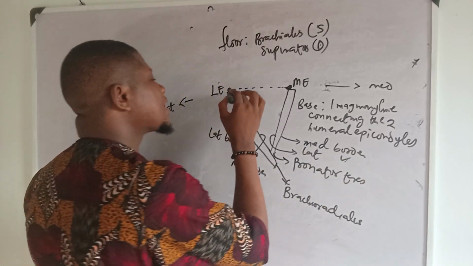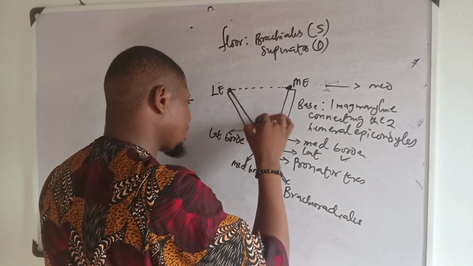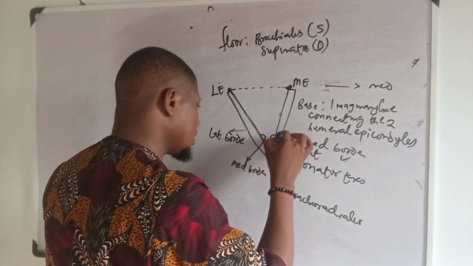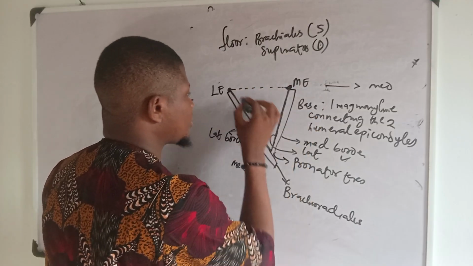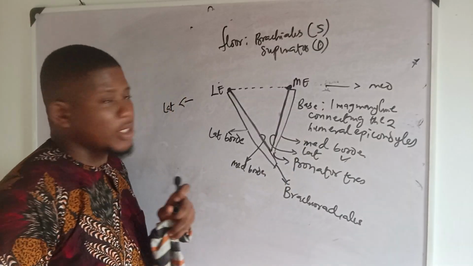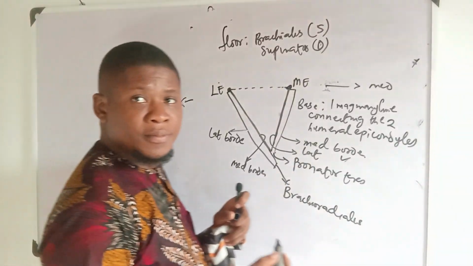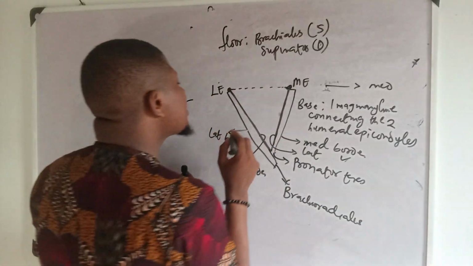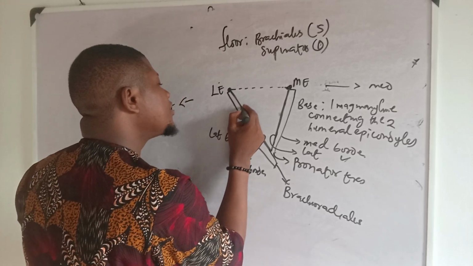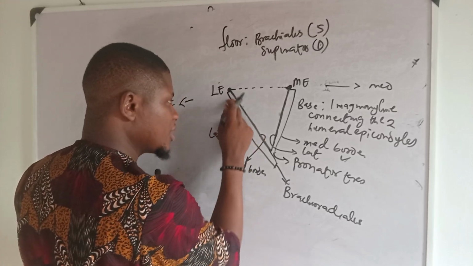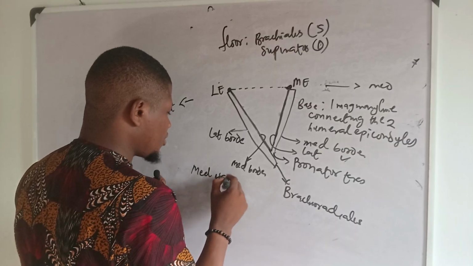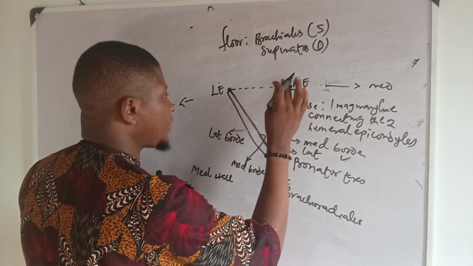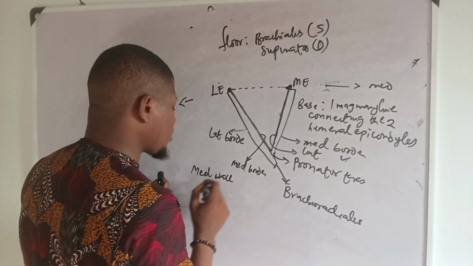So look at the fossa itself, this triangle that I'm drawing. Remember, this is an imaginary line, so that's why I draw it like that. I've talked about the base. We now want to talk about the walls.